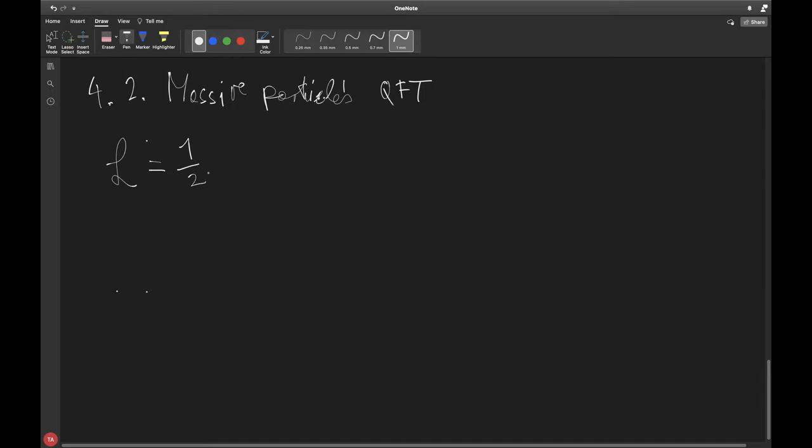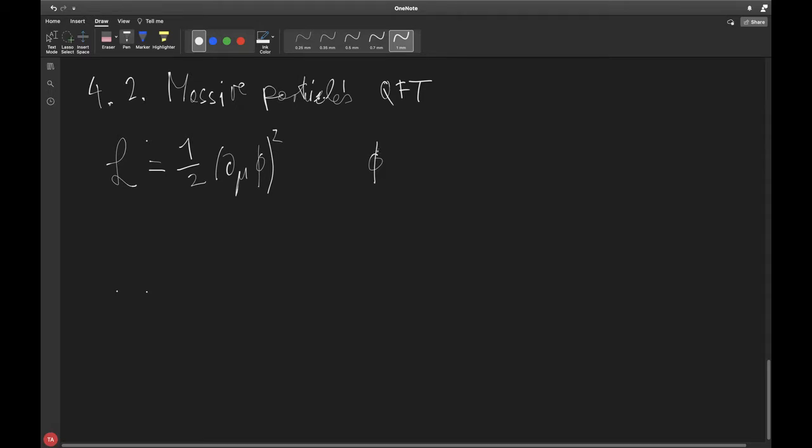Earlier we had this 1/2 the derivative of the field squared. Now we need to add a term which includes the mass of the particle. This is going to be something like a potential energy in the Lagrangian, and so it has to be proportional to the magnitude of the scalar field. So whatever is here has to include phi, and we have to have the minimum in the potential energy.